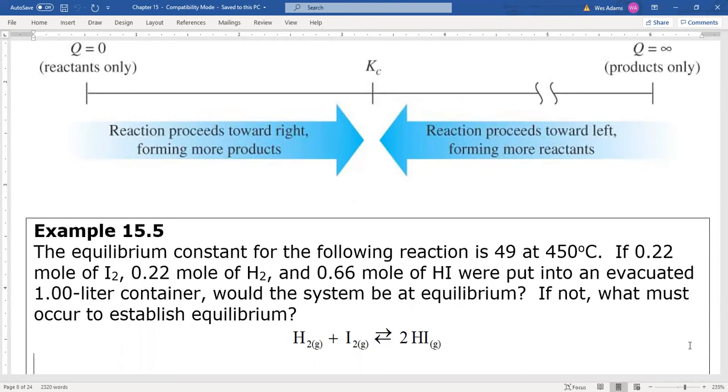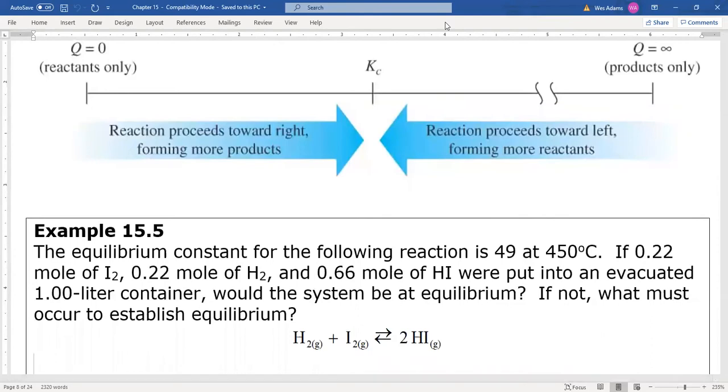So now let's say we've got that in a 1 liter container. So 0.22 moles of iodine becomes 0.22 molar. And then we've got 0.22 moles of H2, so 0.22 molar. If the volume's not 1, you need to divide through by whatever the volume actually is. And then we've got 0.66 moles of HI, which would become 0.66 molar. Would the system be at equilibrium? If not, which way do we have to shift?